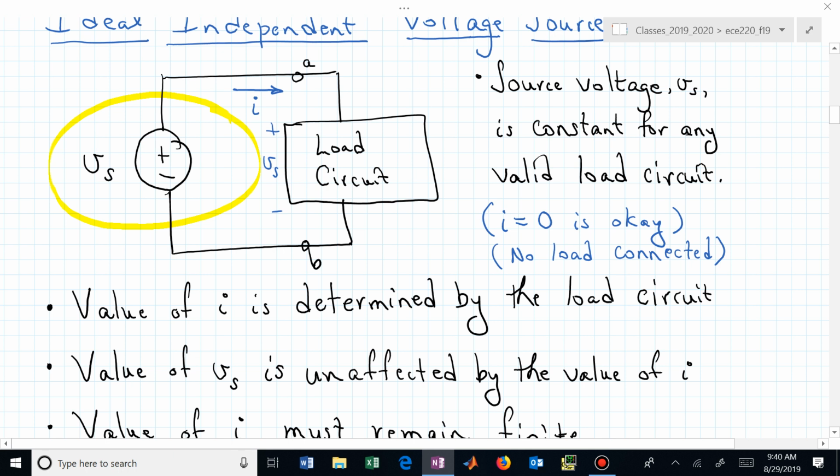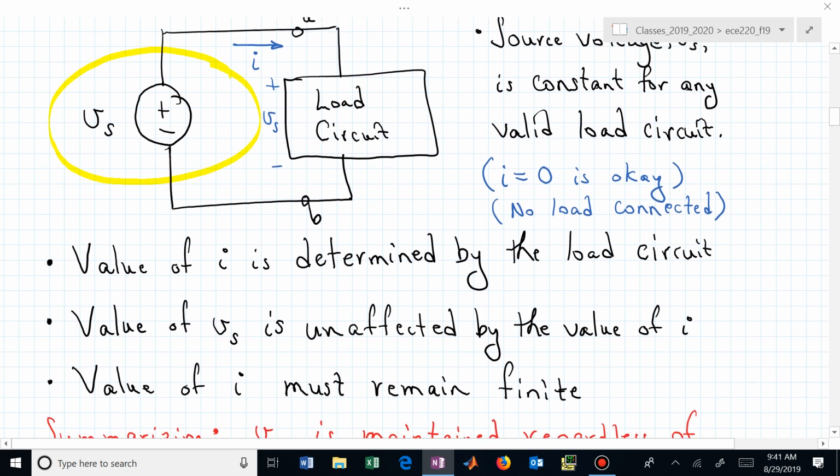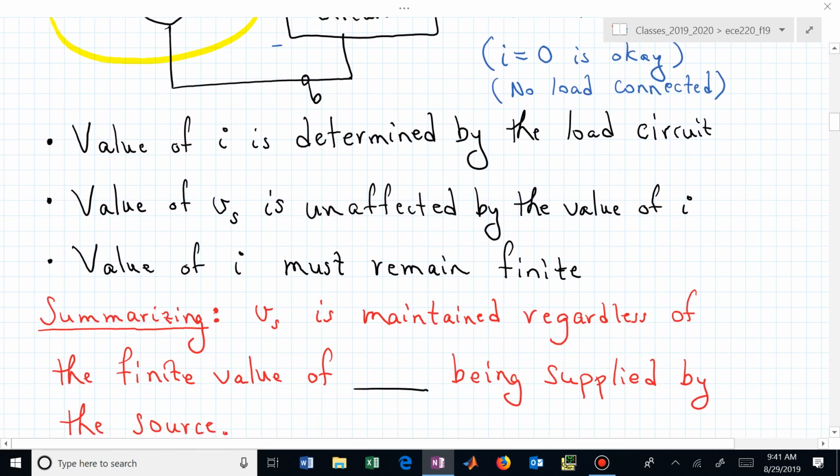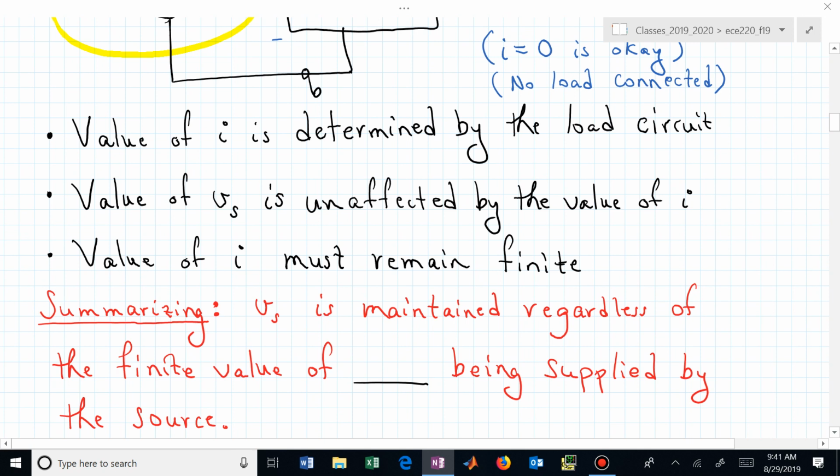Whatever the load is, if we say we have an ideal voltage source of 10, it's going to be 10 no matter what we connect it to. The other restriction is that that current needs to remain finite. That's the restriction on the load.